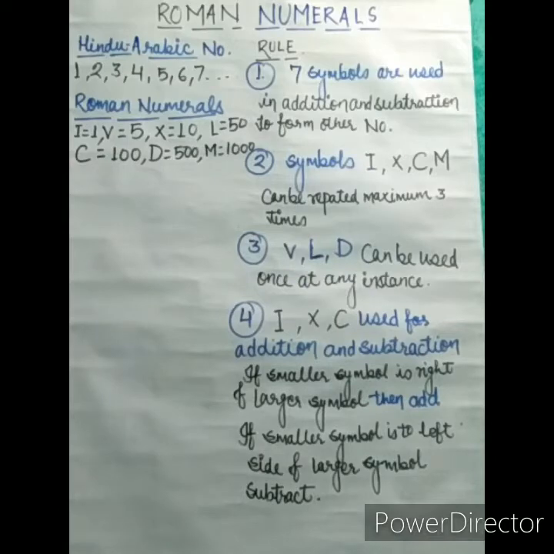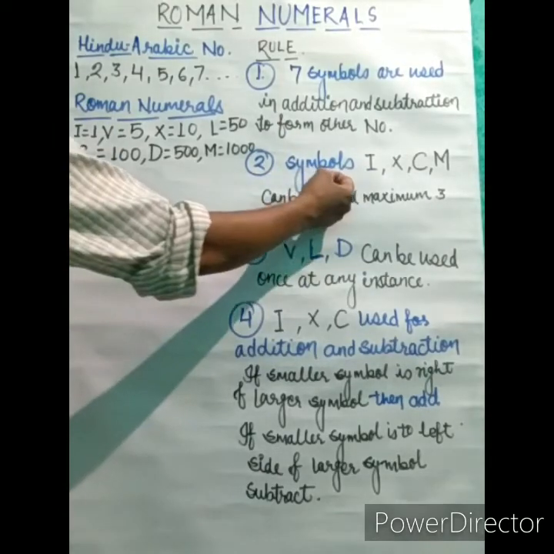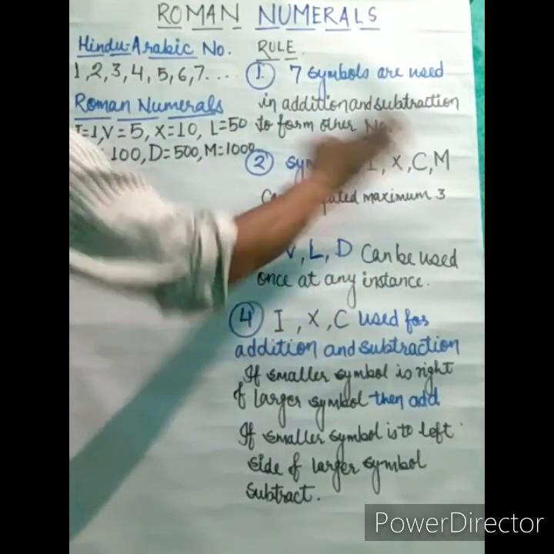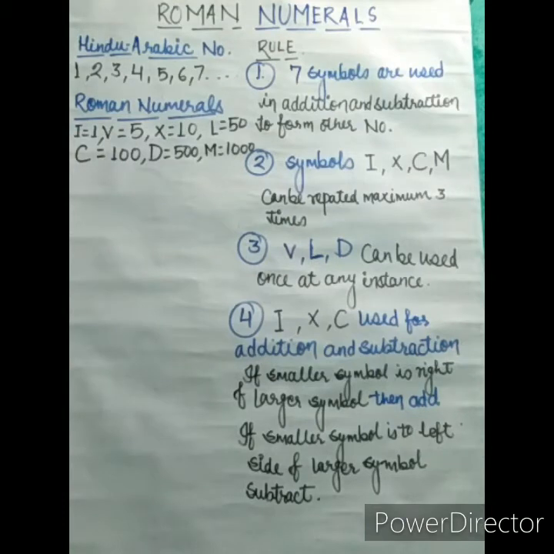Next rule, this you have to remember. The second rule: symbols I, X, C and M can be repeated 3 times. We can't repeat these more than 3 times.